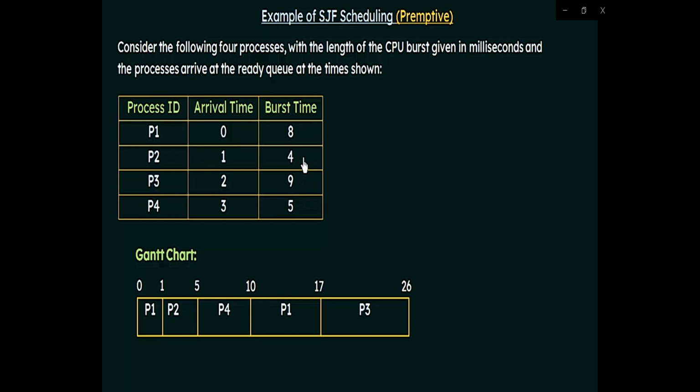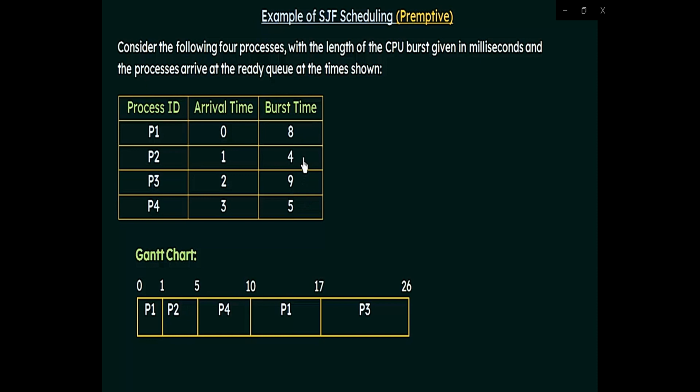When P1 has executed for 1 unit of time, process P2 arrives. So the remaining burst time of P1 is 7, as the total burst time is 8 units and it has been executed for 1 unit.